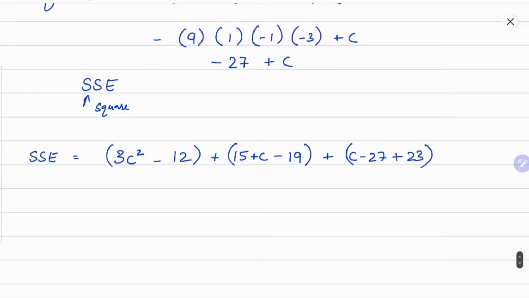Basically what we have to do is add the squares of all these errors.